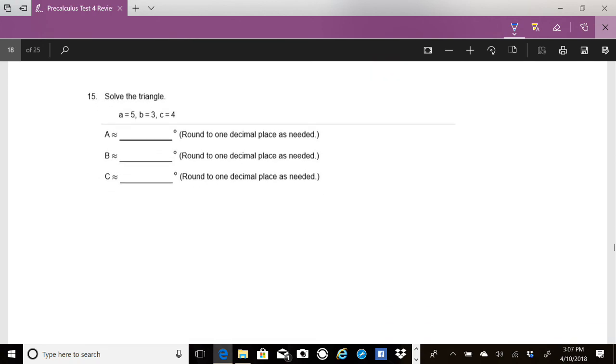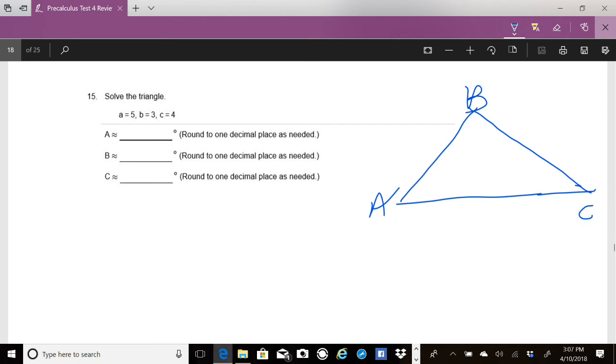Next problem, we want to solve this triangle. You don't exactly have to draw this one out, but let's do it. A, B, C. A is 5, B is 3, C is 4.